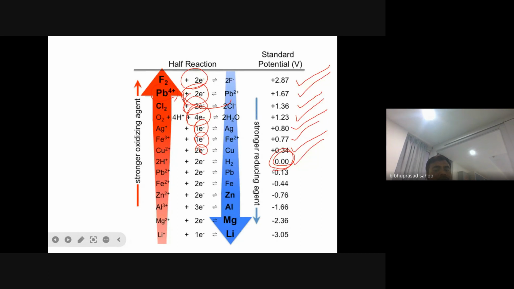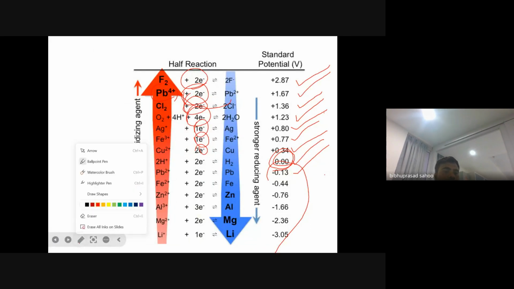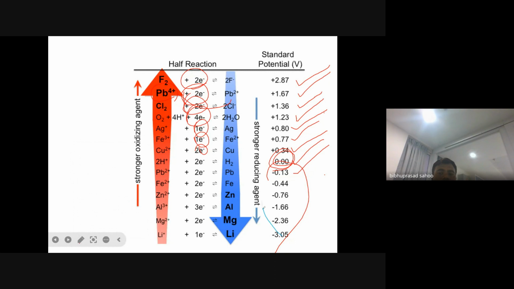Then Pb2 plus to Pb is negative 0.1. See, negative started from here.